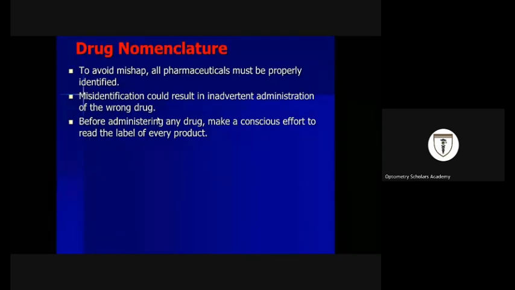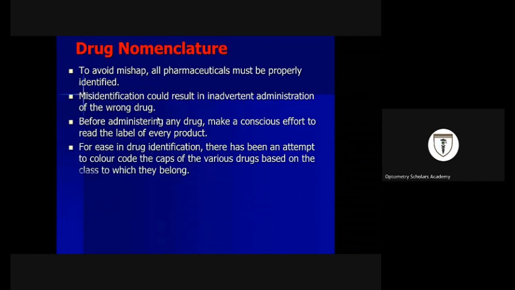So if you don't know the name of this drug or the content of this drug, you prescribe the wrong drug. So before administering any drug, make a conscious effort to read the label of every product. So read the drug to find out the content, the name and everything, and also the dosage. Especially if you are not conversant with that drug, if it's your first time knowing about that drug, you need to study it first before administering.